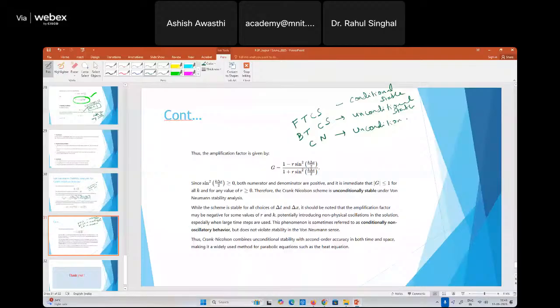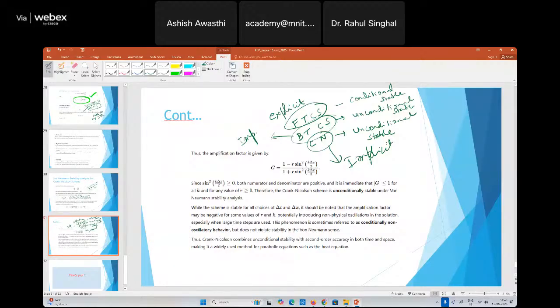You see that FTCS is explicit, and BTCS and Crank-Nicolson are implicit. So implicit schemes for the heat equation, you have seen, are unconditionally stable, and explicit schemes are conditionally stable.